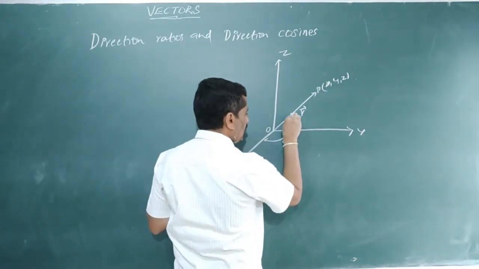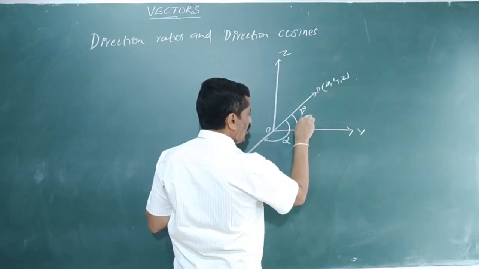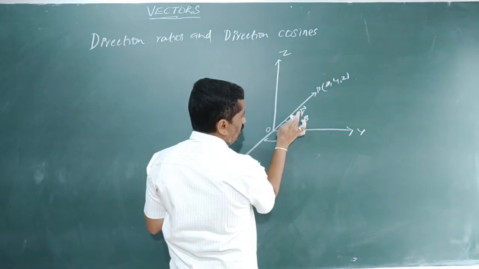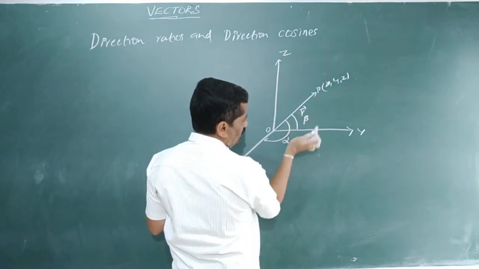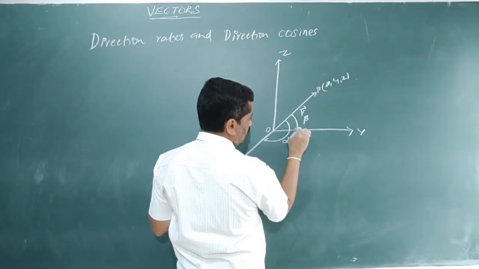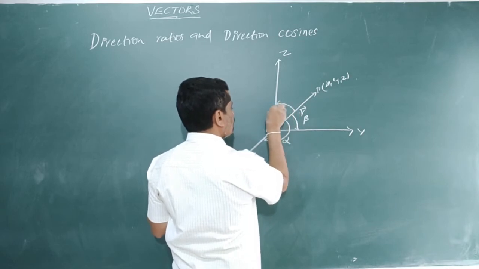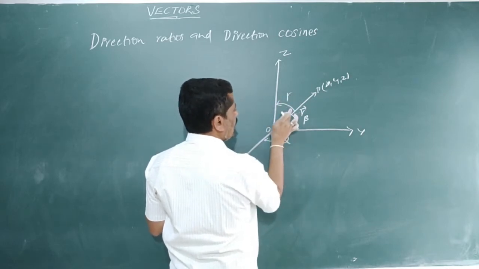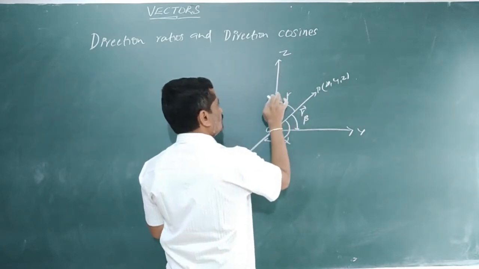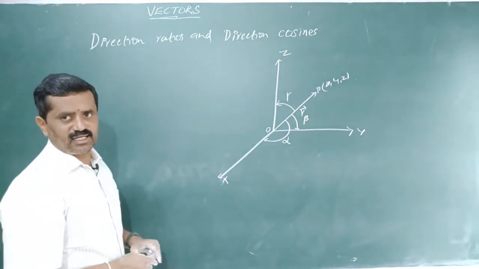Again, let beta be the angle made by the vector r with the positive direction of y axis, and let gamma be the angle made by the vector r with the positive direction of z axis.